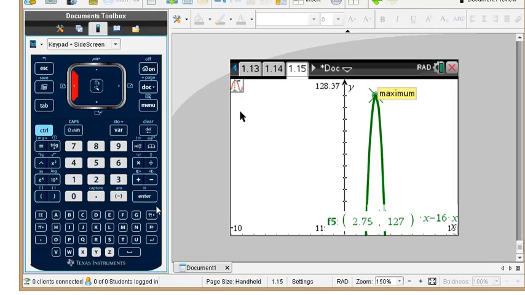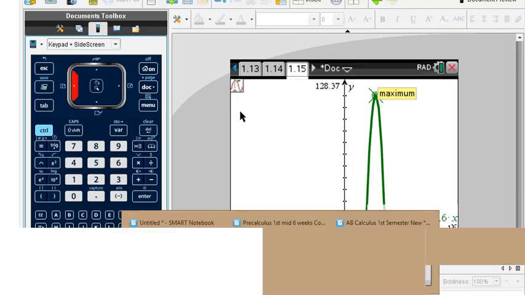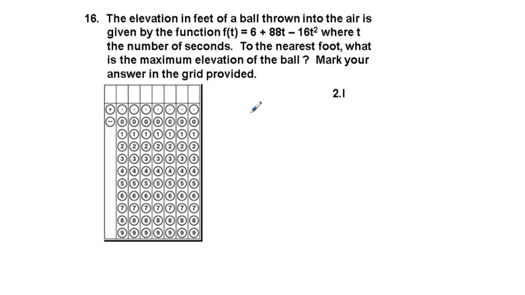Oh, I saw a lot of answers of 2.75 for this. That was highly frustrating because those answers were not even possible. If you throw a ball up in the air, is it a reasonable answer that the ball's highest elevation is going to be 2.75 feet?